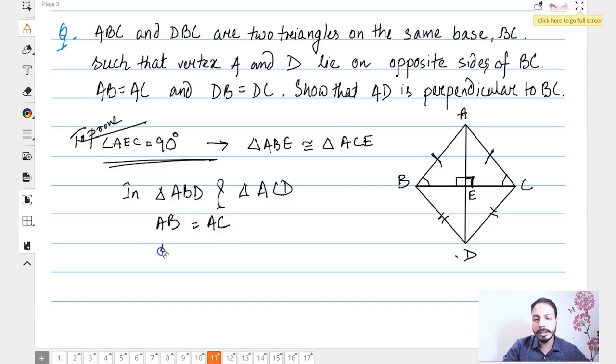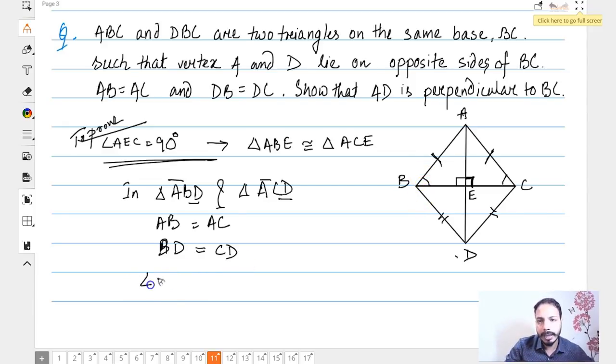The other is BD is equal to CD. So this side is equal to this side and this side is equal to this side. Now what is left? If I can show this angle between these two sides, that means this angle.